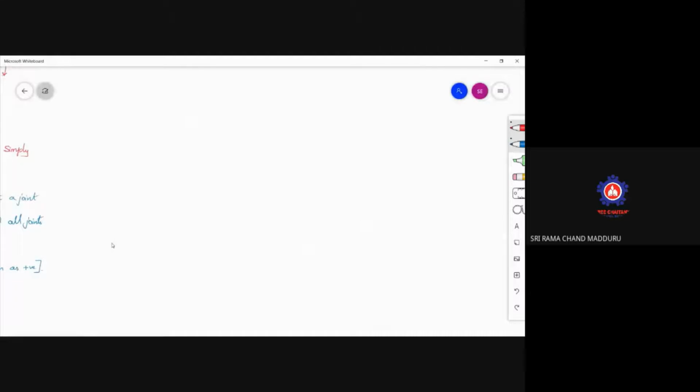Determine the magnitude and nature of forces in all the members of the pin jointed perfect frames using method of joints.